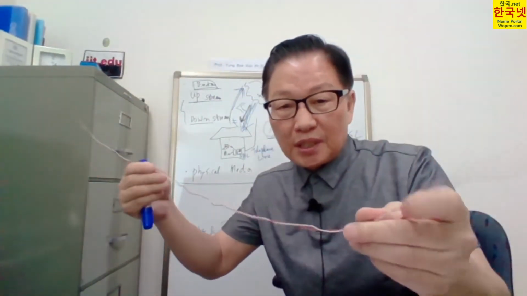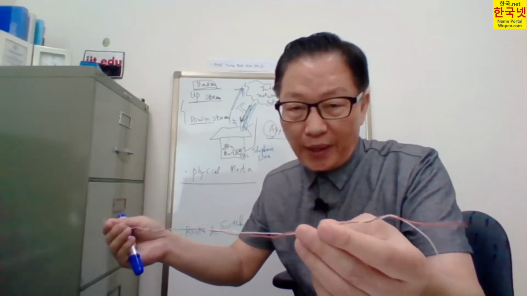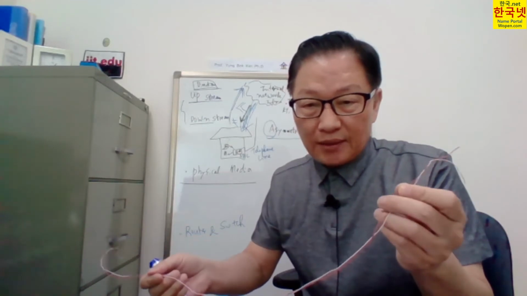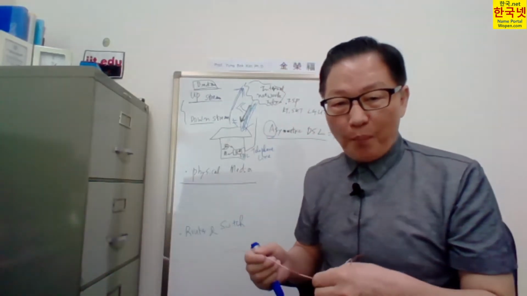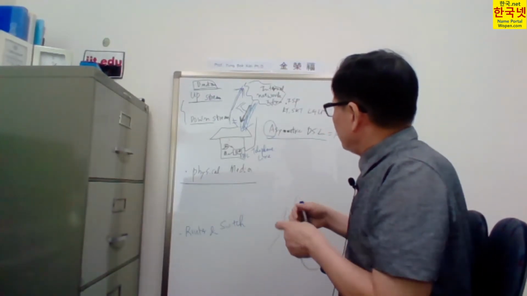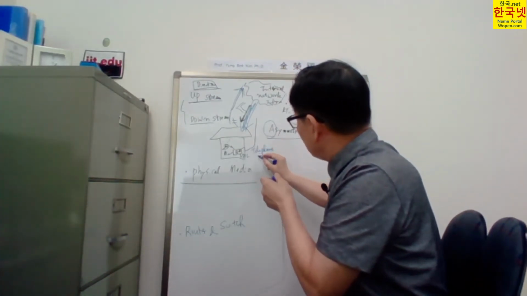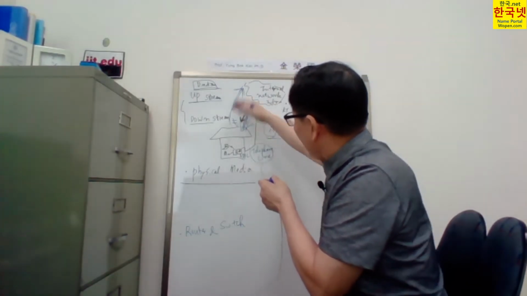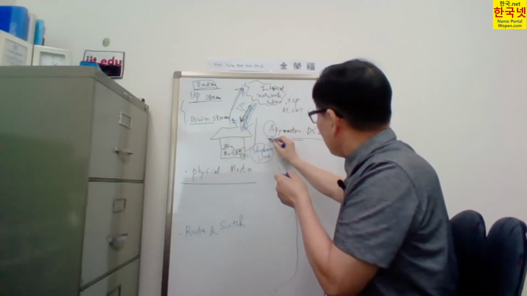Actually, this one is being used in your apartment or household to connect your telephone to the switching equipment to go out to the central office. And you are using this one, and here the downstream and upstream speeds are different. Thus this is called asymmetric.